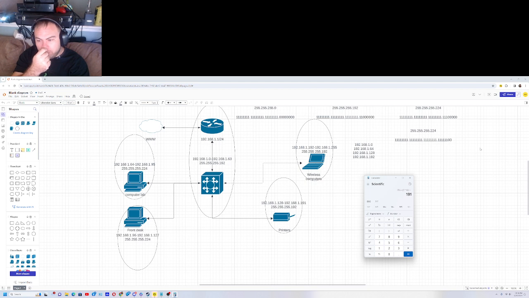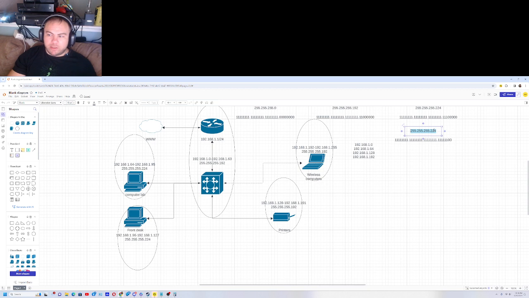Hold on. 255 minus... it's 256, actually. 256 minus 2 to the power of how many bits we have available. So 256 minus 2 to the power of 2. We have 2 bits that are available, so that equals 252. So our subnet mask would be a value of 252.